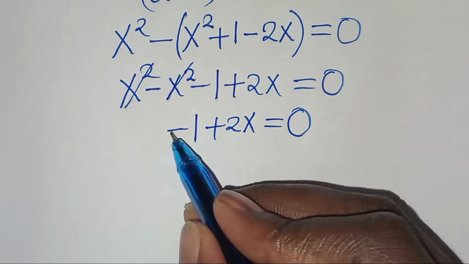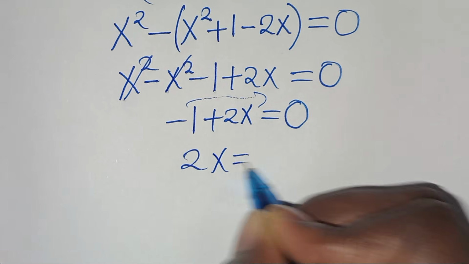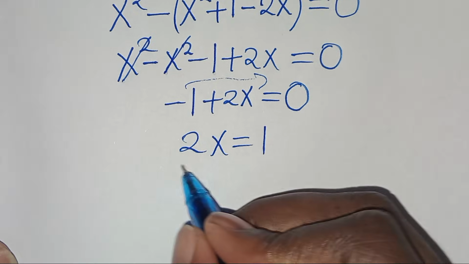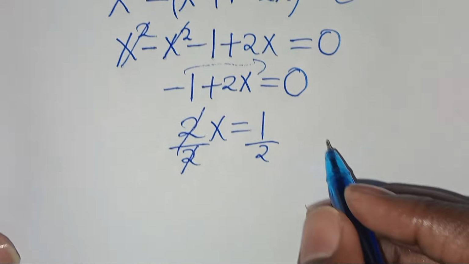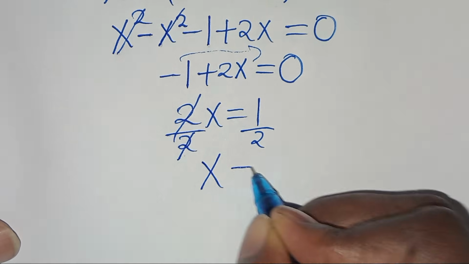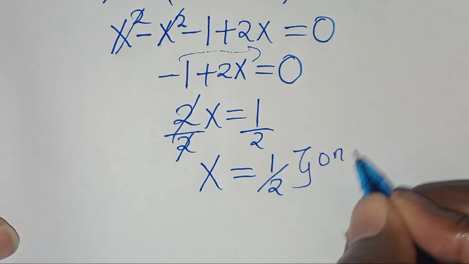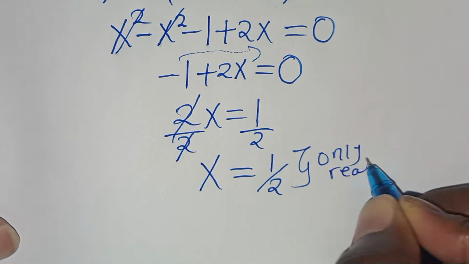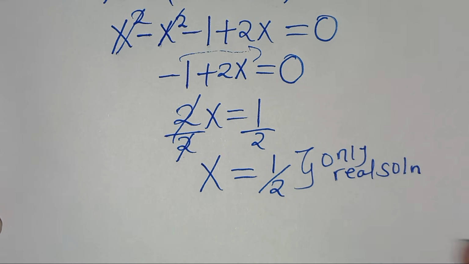Let's take minus 1 to the right hand side so that we have 2x is equal to 1. Let's divide both sides by 2, and this implies that x is equal to a half, and this is the only real solution for this algebra problem.